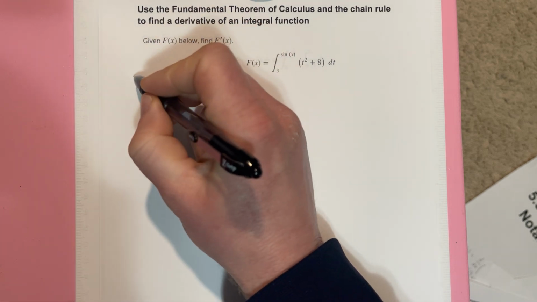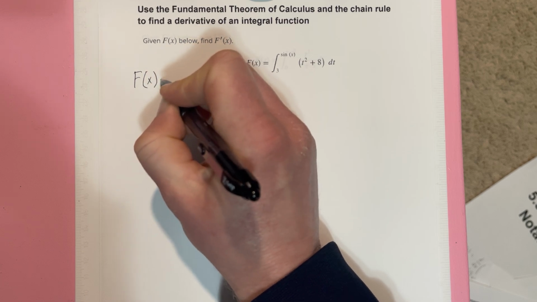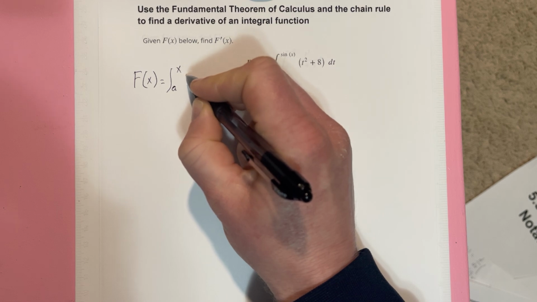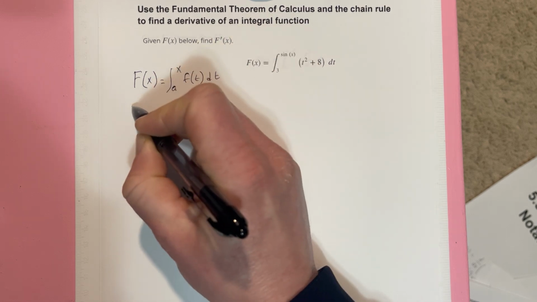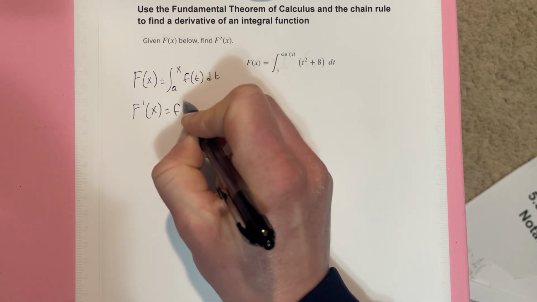And our fundamental theorem works for when we have the integral from a to x of f of t dt. We know that we get F prime of x is equal to f of x.